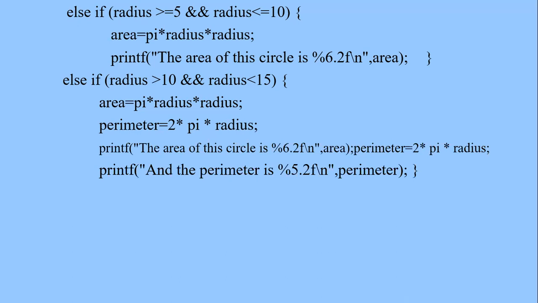So, and the perimeter is, pick what's the content of memory location called perimeter and format it into 5 characters, with 2 of them being reserved for the fractional part. My dear students and the rest of the learners, I want you to check this statement here.